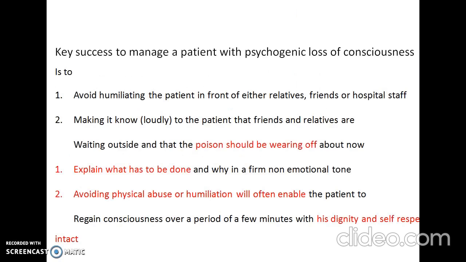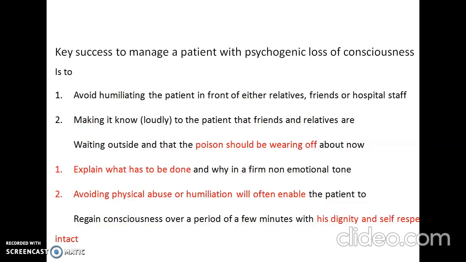Let us see some key tips to successfully manage this psychogenic loss of consciousness. These should be kept in the mind of the caretaker while ruling out fake coma, so that the self-respect or dignity of the person who is acting is not affected.